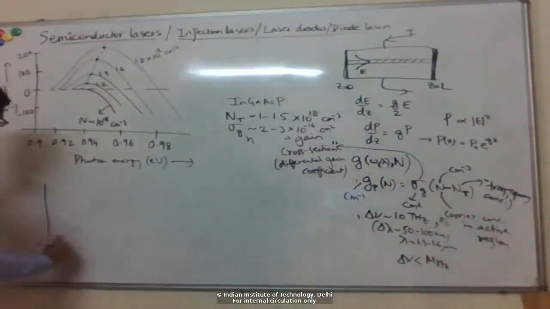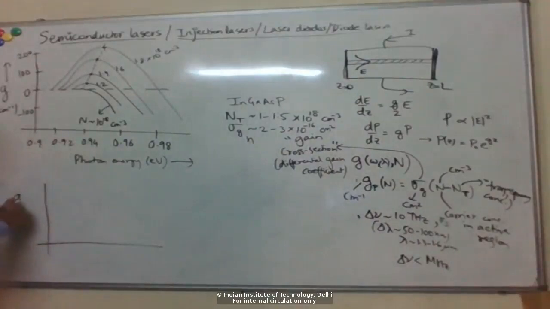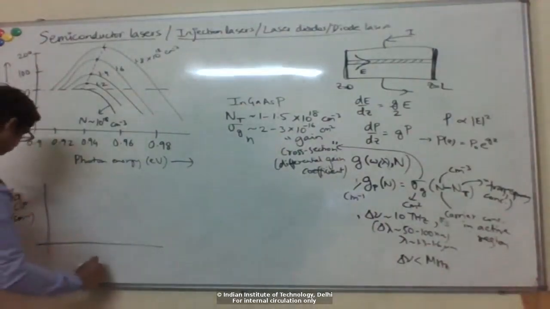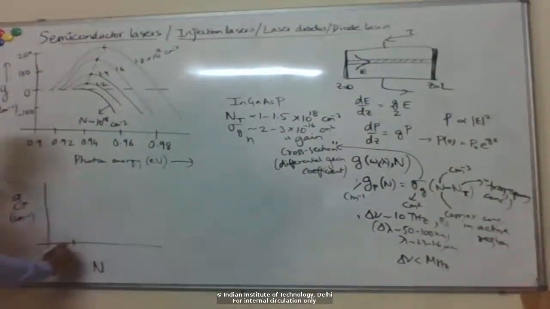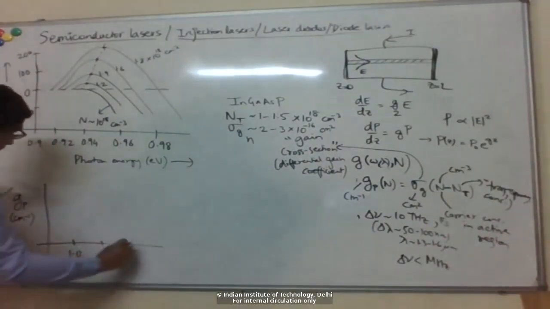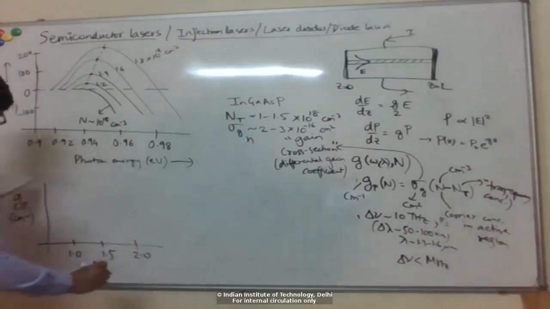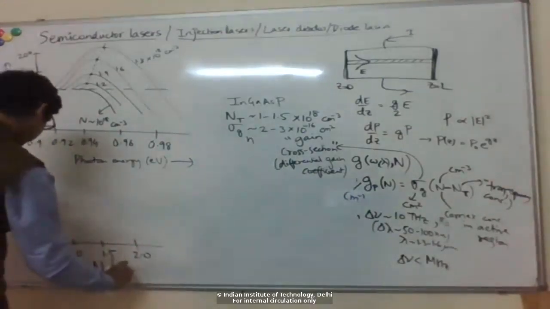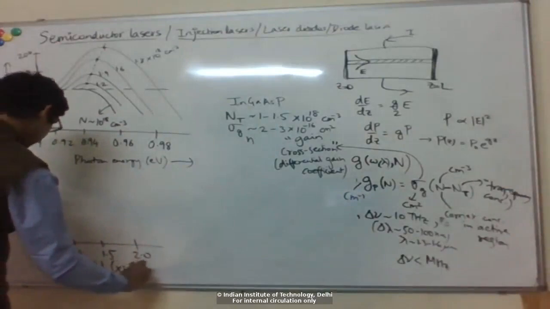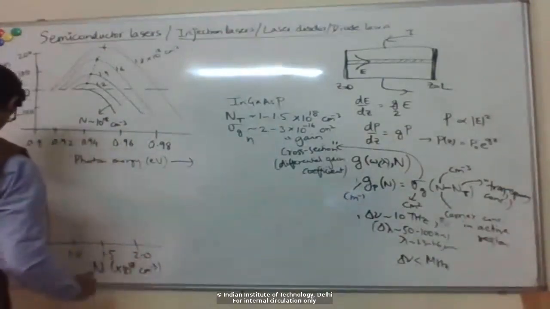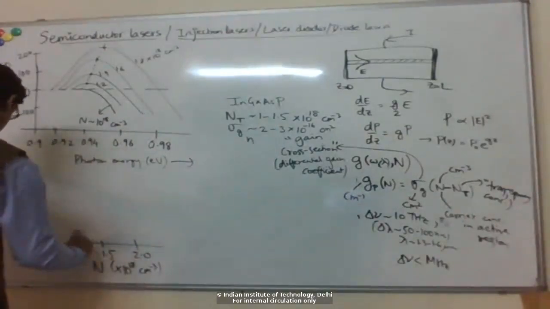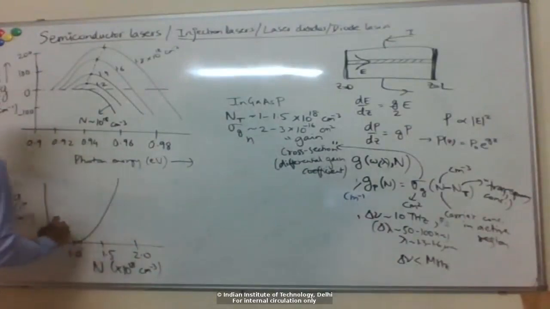If I plot the peak gain value as a function of the carrier concentration in the active region, that typically goes like this.